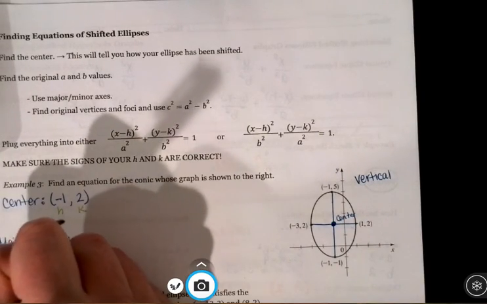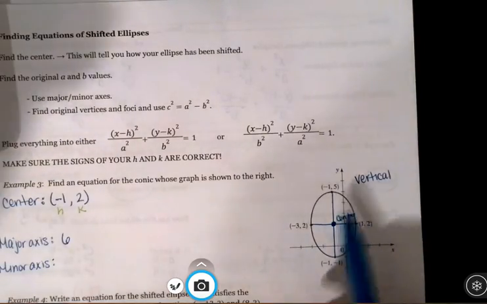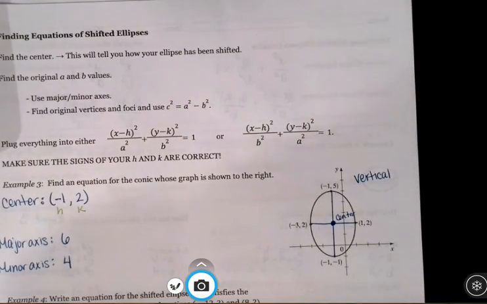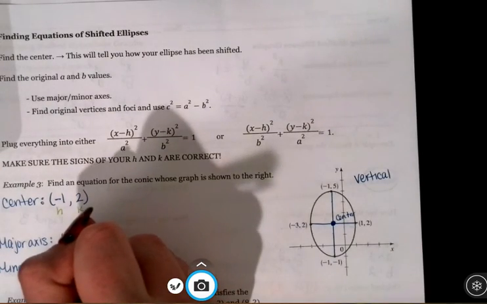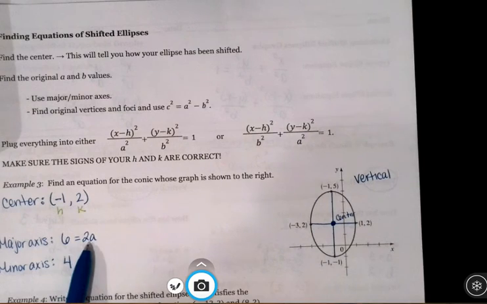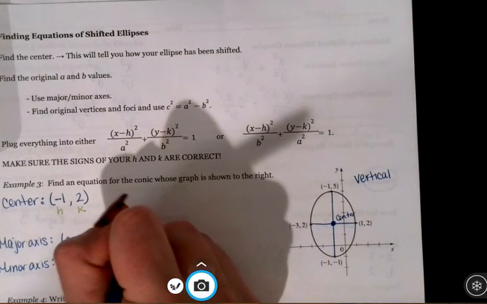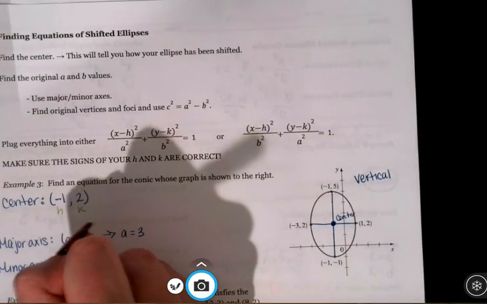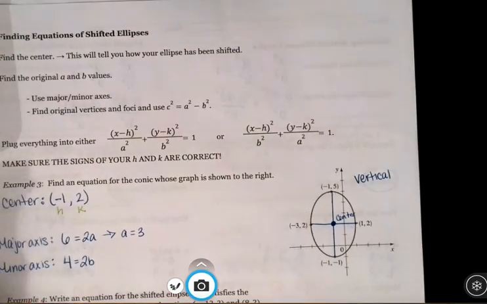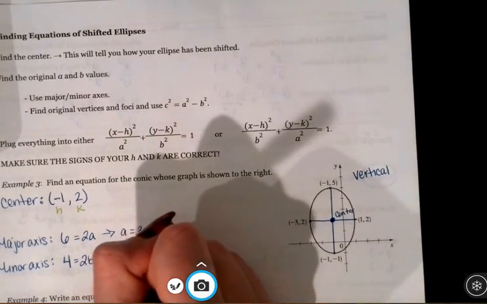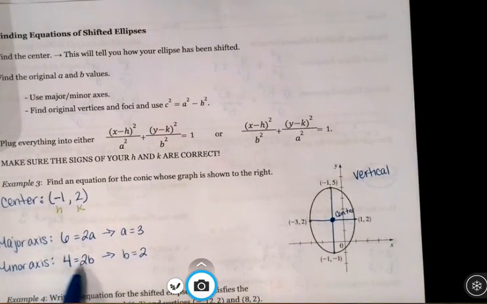My minor axis has a length of 4. And this is important because I know my major axis is 2a. So if I know 6 is equal to 2a, that means that a equals 3. I know my minor axis is equal to 2b, so that means my b has to be 2, because I just divide both sides by 2.